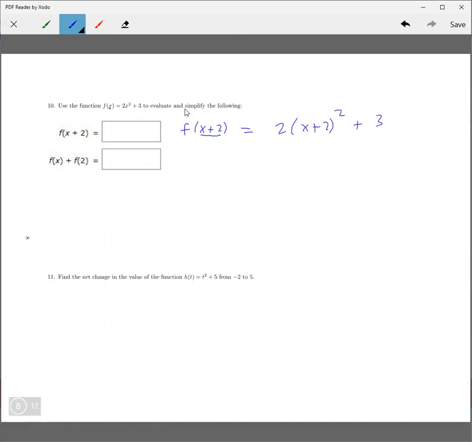It says simplify, so I can't just put this in there and see what happens. But again, you think of this as x plus 2 times x plus 2. And in that case, it's going to be x squared plus 4x plus 4.